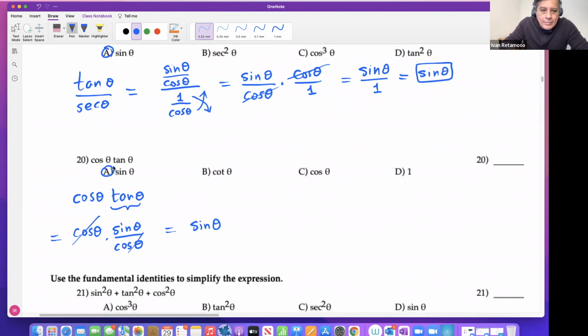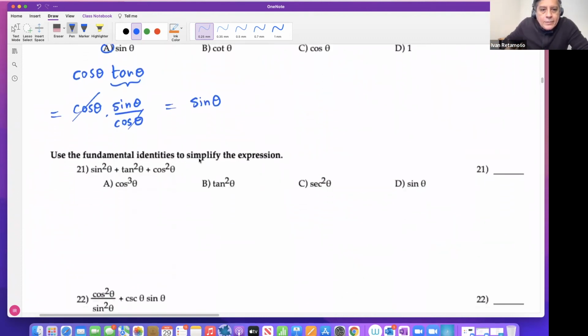Let's see number 21. It says use fundamental identities to simplify the expression. Okay. So we have sine squared of theta plus tangent squared of theta plus cosine squared of theta. What I'm going to do first here is rearrange the terms of this expression.